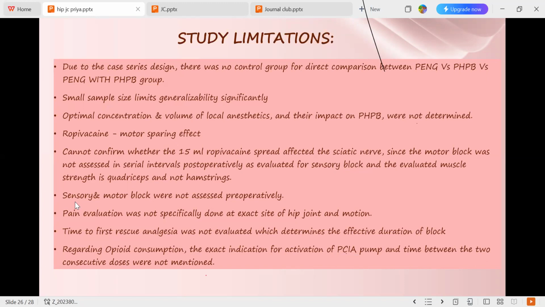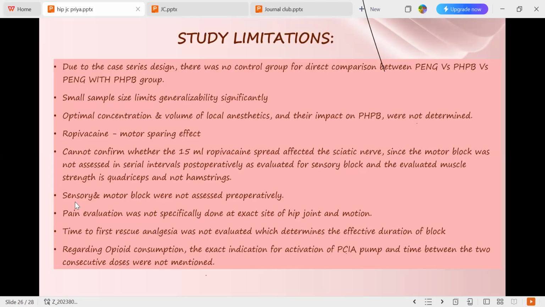They have taken ropivacaine as the study drug. Ropivacaine already has a motor sparing effect, so even if the sciatic nerve got blocked, because of its motor sparing effect we could have missed that.